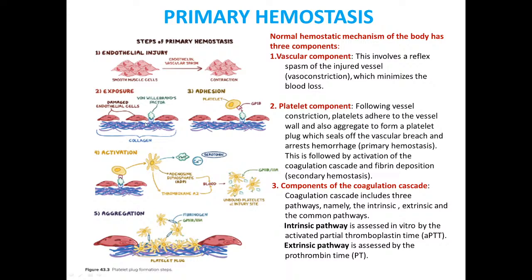Platelet component: following vessel constriction, platelets adhere to the vessel wall and also aggregate to form a platelet plug which seals off the vascular breach and arrests hemorrhage, primary hemostasis.